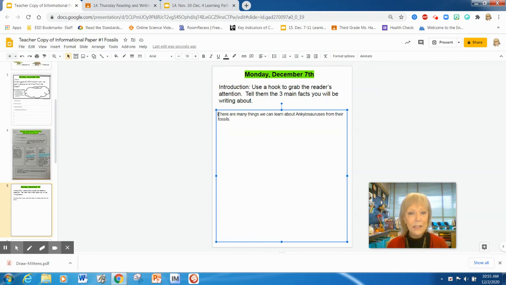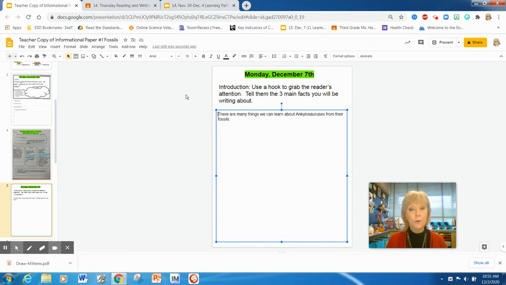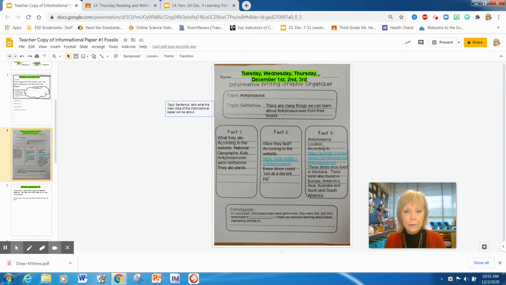So maybe from using all of my research, and if you remember, we had all these places here that had all our research that we went to, and we gathered all those little interesting facts. So maybe I'm going to start off with, let's see, let's look at our facts again. Let's see what they ate, were they fast, and where they lived.